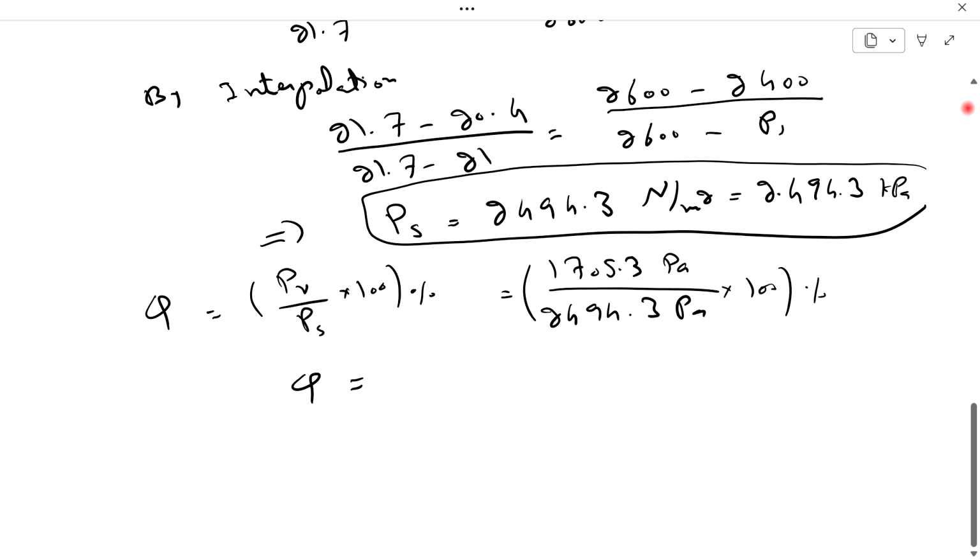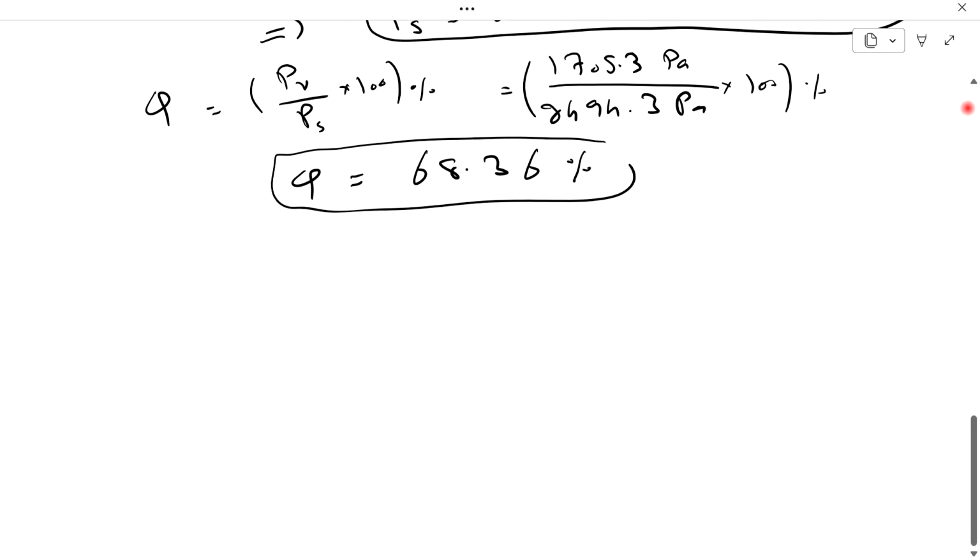So relative humidity will be equal to 68.36%.